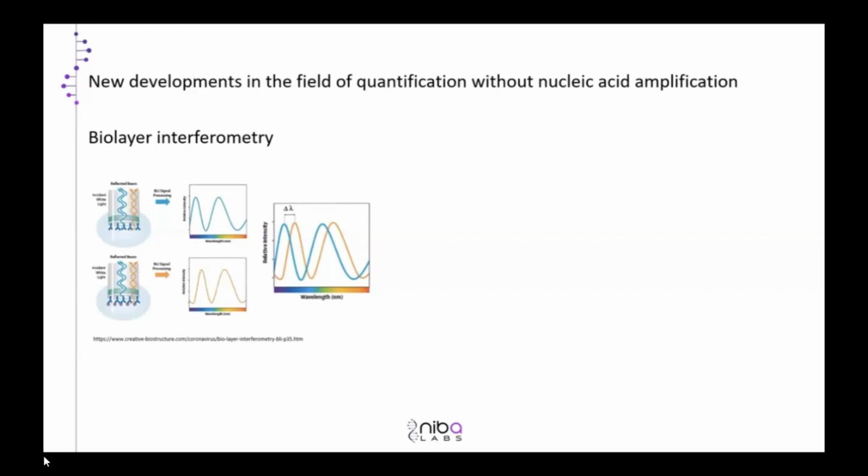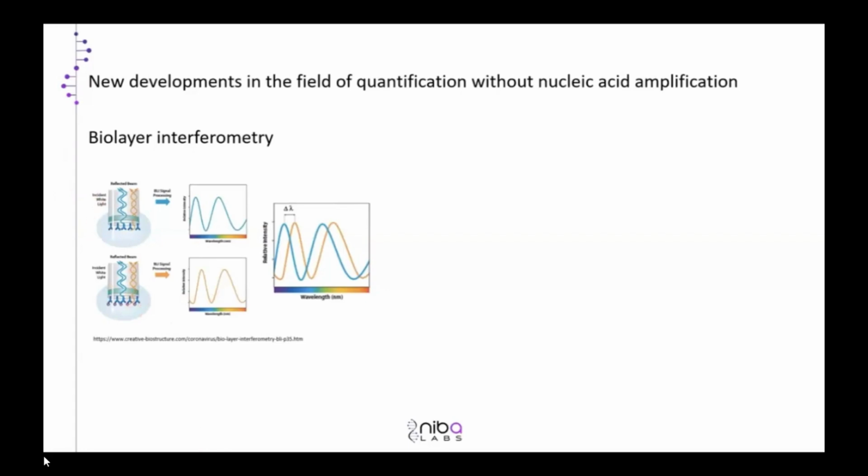And the principle, as described, is that whenever you have binding of the analyte to the probe, there is a shift in wavelength, and you can then use this shift to have a standard curve and also make some quantification of the intended binding.